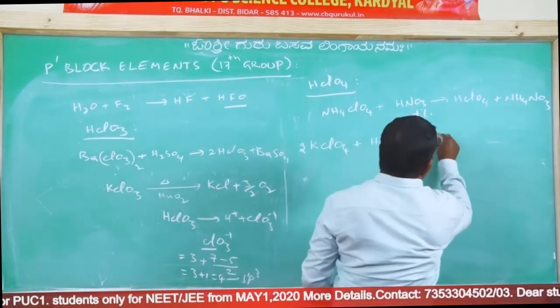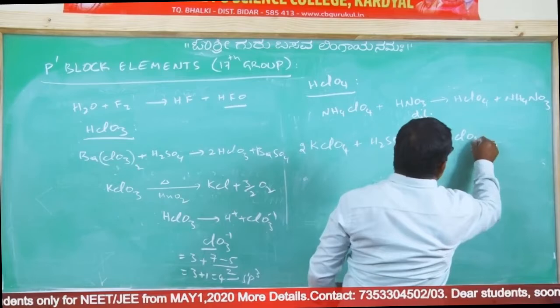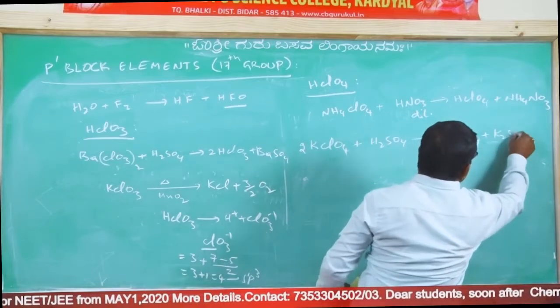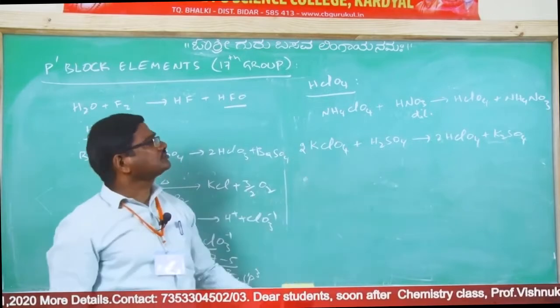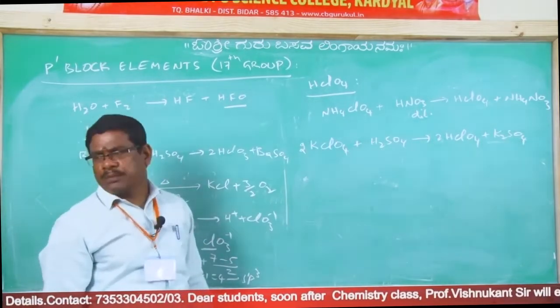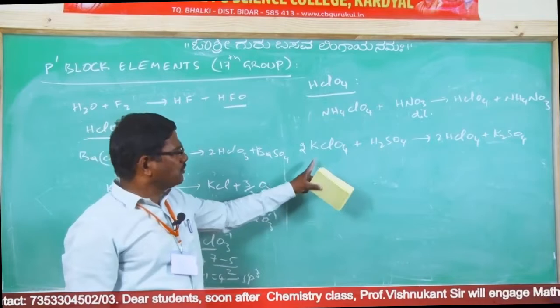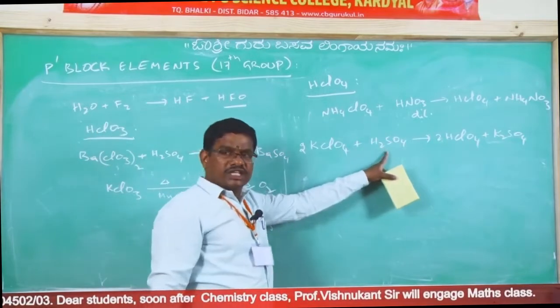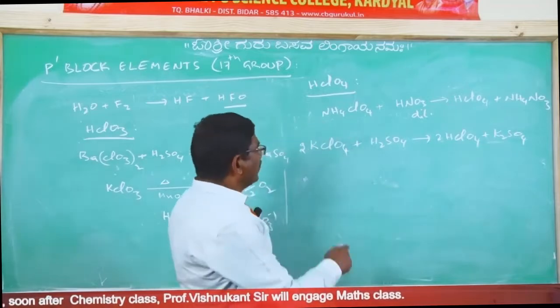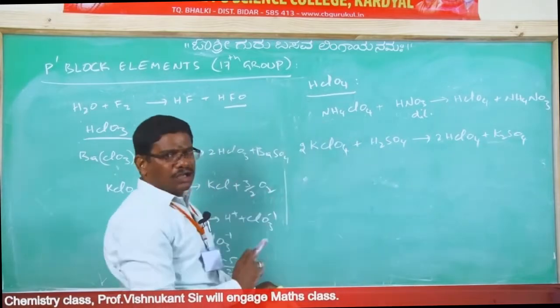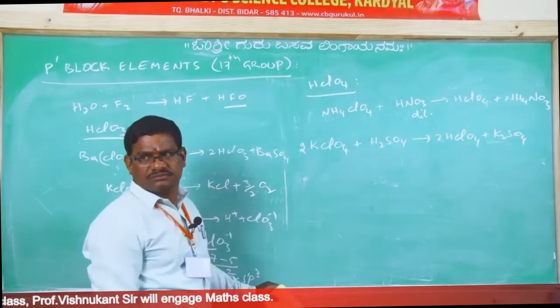It gets converted into 2 moles of perchloric acid along with potassium sulfate. Clear now? In this way potassium perchlorate, with acidification by sulfuric acid, converts into perchloric acid.